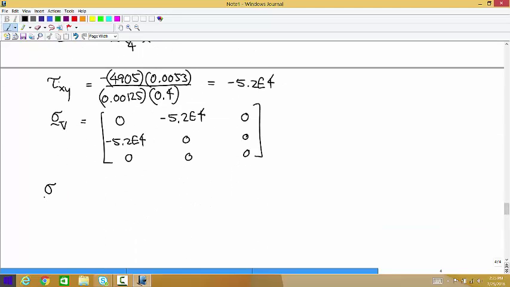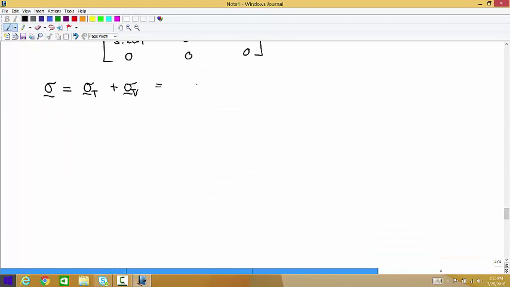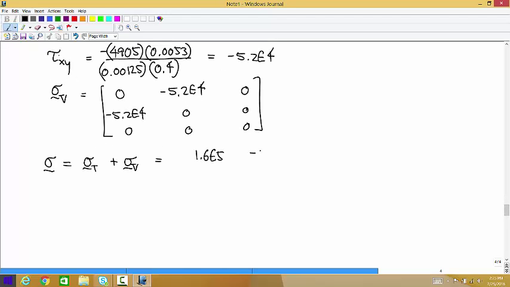And so the total stress tensor along the neutral axis at the midpoint of the beam is the stress due to tension plus the stress due to shear force. So that's 1.6 times 10 to the 5th, minus 5.2 times 10 to the 4th, 0, negative 5.2 times 10 to the 4th, 0, 0, 0, 0, 0 pascals.